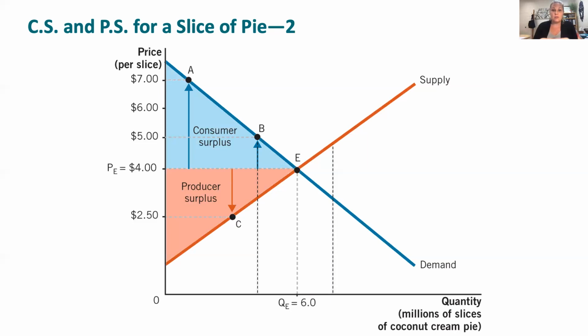There are also people represented by the supply curve between point B and point E who would be willing to accept an amount less than $4 per pie. So for those transactions to be restricted or to not happen is like leaving money on the table, leaving value on the table. Those transactions bring benefits to both producers and consumers.